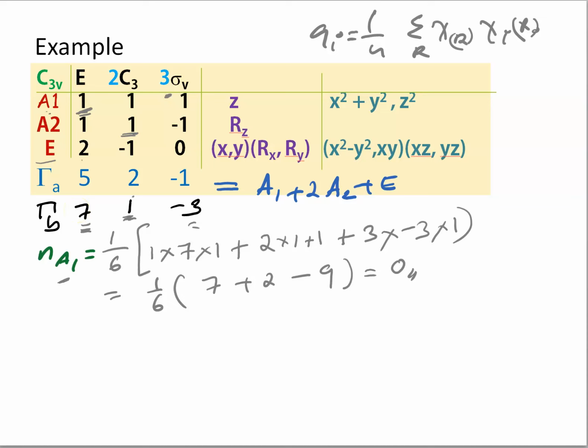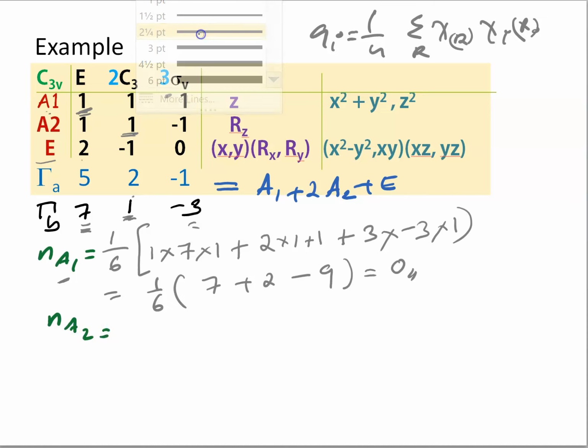Okay, so next, the number of times A2 is present in gamma B. Okay, we can check very easily.